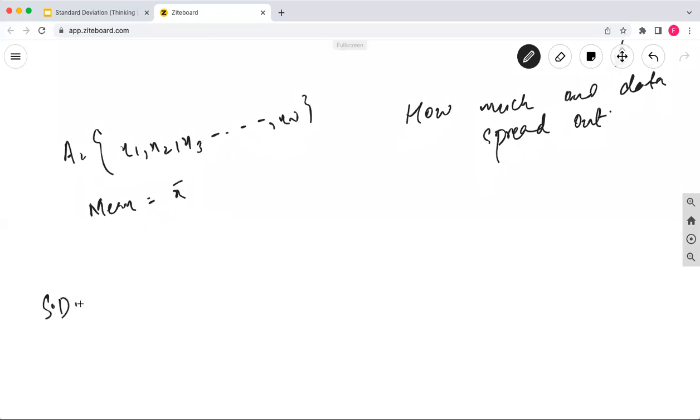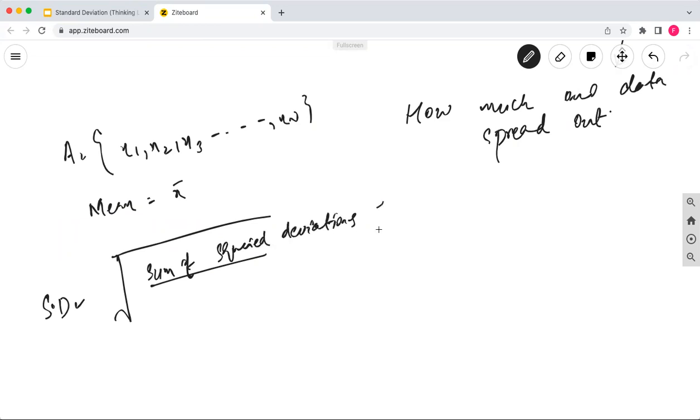Standard deviation will be the square root of the sum of squared deviations from the mean divided by the total number of elements in a set.